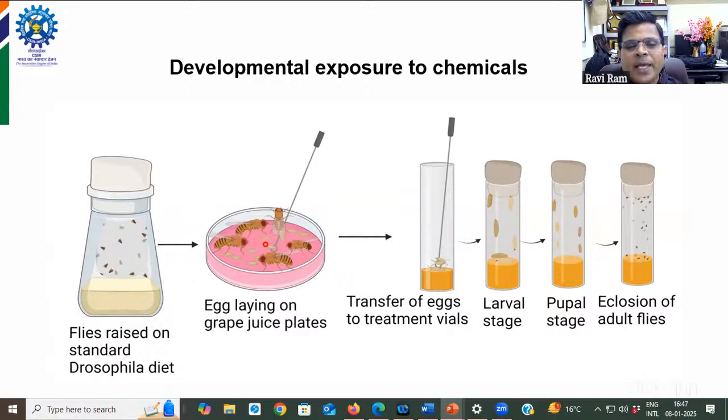So we pick these eggs and put them into media that contain the chemical that we use, and depending upon what is the LC50 or the environmentally relevant concentrations, we mix that much with the food media and we allow these eggs to develop right from the egg stage to the adult stage. And then we take these adult males and we start looking for all kinds of different parameters that I said. First thing I said is fertility.